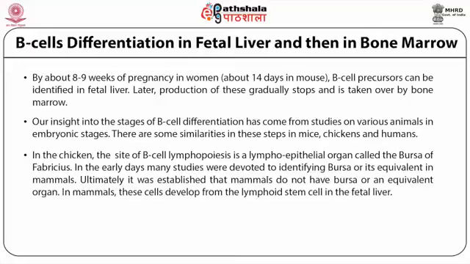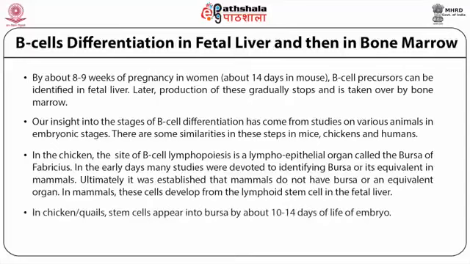In mammals, it was found that B cells develop from the lymphoid stem cell in the fetal liver. In chicken or quails, stem cells appear in the bursa by about 10 to 14 days of life of the embryo.